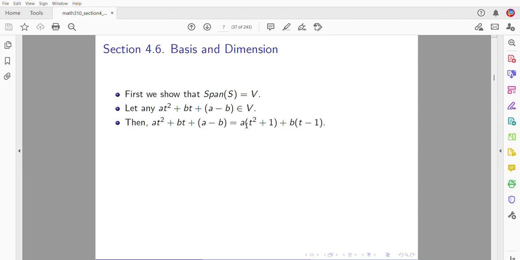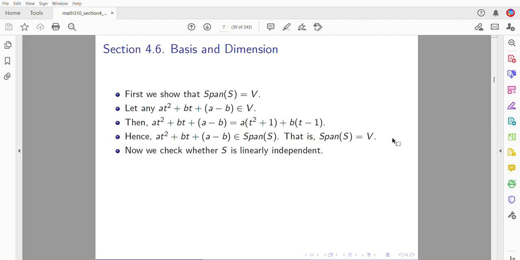At squared, a, bt, minus b. So you see, we've covered every coefficient here. Therefore, at squared plus bt plus a minus b, any polynomial you chose from V, is also in the span of S. In other words, span of S is all of V.